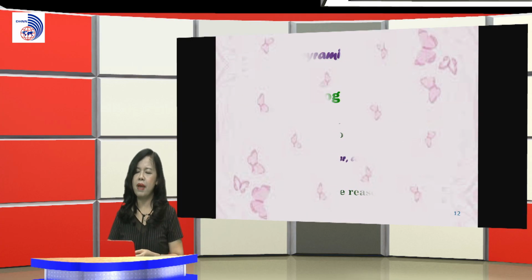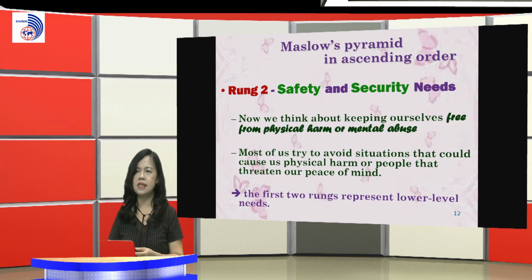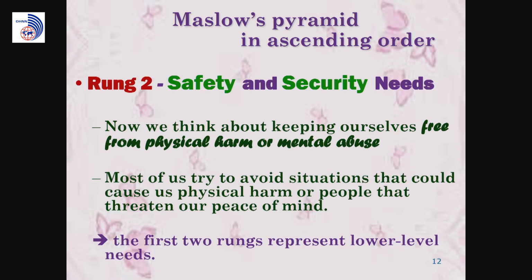From the very basic level of needs, the second lowest rung would be safety and security. Now we think about keeping ourselves free from mental harm and physical abuse. Most of us try to avoid situations that can cause harm to our body and to our mind.